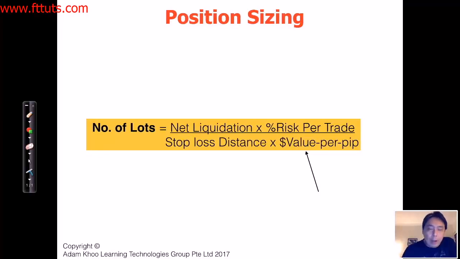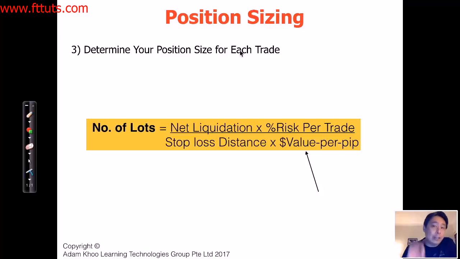Once you have that, step 3 is to calculate your position size for each trade. Now I'm going to show you how to calculate it manually, but in reality, there are many position sizing calculators that you can find online or on your phone app that will do it for you within a couple of seconds. So you have to understand the theory and then use the calculator, right? Great. So here's the formula.